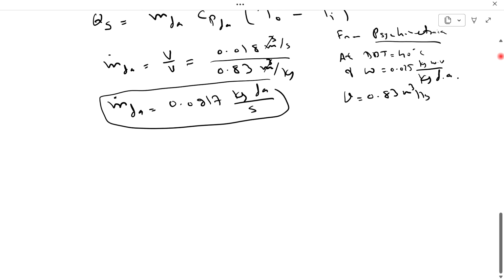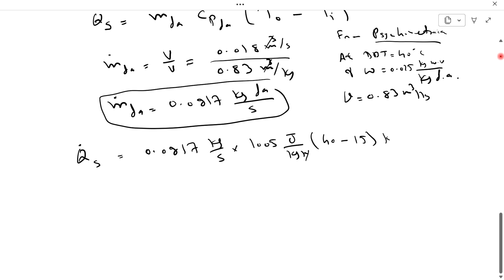Now Q sensible for infiltration is m dot dA, the value of m dot dA is equal to 0.0217 kilogram per second. Cp of air is equal to 1005 joule per kilogram per Kelvin, and outside temperature is 40 minus 15, the difference is in Kelvin.